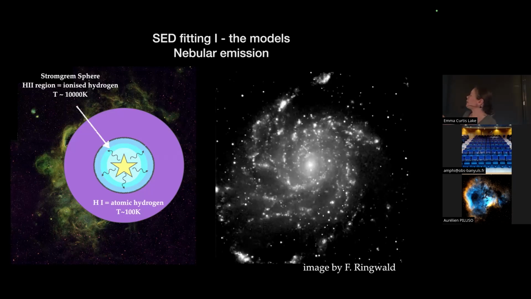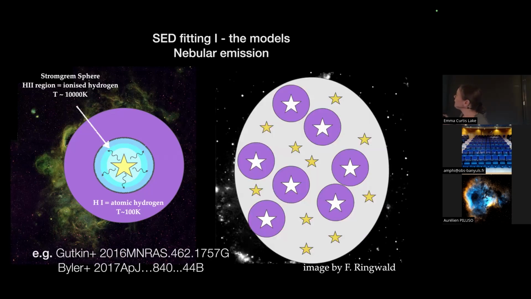We have many different H2 regions. It's gorgeous. They're all going to have different properties, but we simplify the galaxy in SED modeling. So we're going to add in lots of different H2 regions, but they've all got the same property, and we're hoping that we're describing a typical property. So this can be dangerous, but it's a good first step.